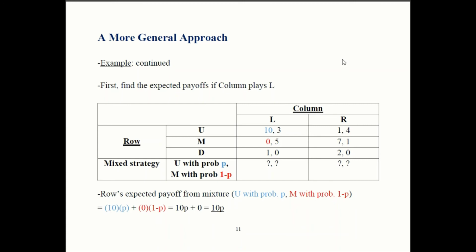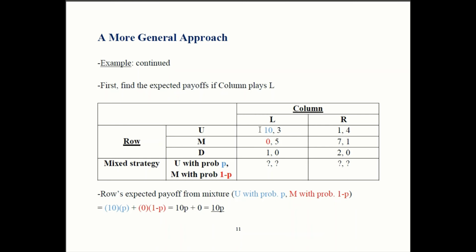So we go and fill in the expected values. We have this mixed strategy added to our table. We'll first think about what our expected payoff is if column is playing left. If column plays left and we're playing this mixture, here's what happens. With probability P, we play U. When we play U, we get a payoff of 10.